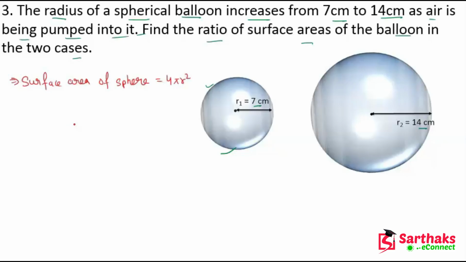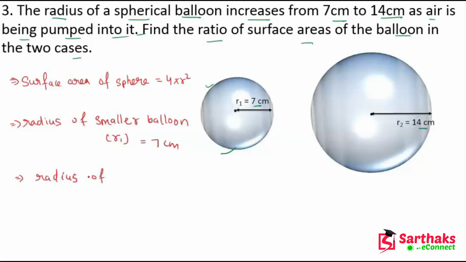The radius of the smaller balloon, let's say r1, is equal to 7 centimeter, and the radius of the bigger balloon, let's suppose r2, is equal to 14 centimeter.